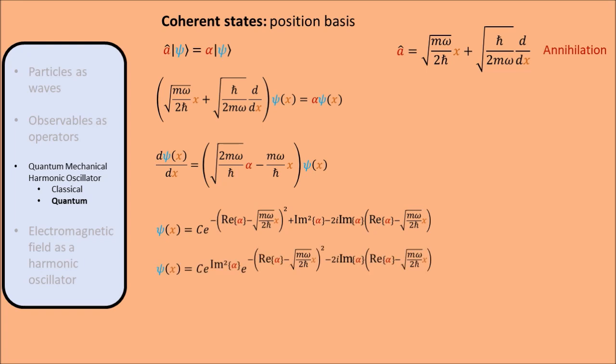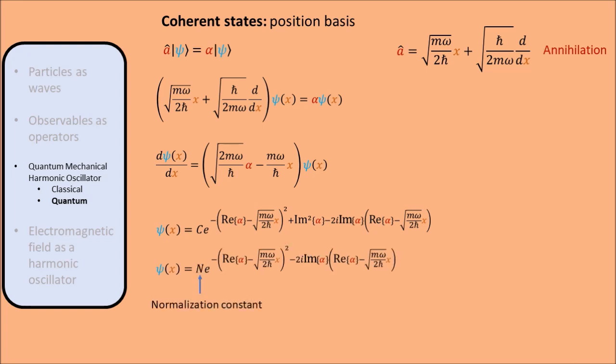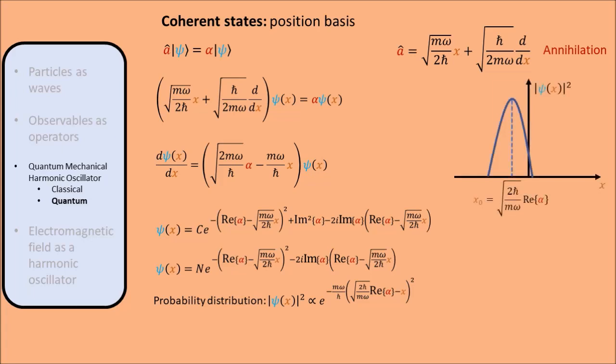We can pull out the constant term and absorb it into the integration constant, since anyway the wave function must be normalized. Moreover, if we're interested in the probability distribution of x, which is given by the squared modulus of psi, then the imaginary part of the exponent becomes irrelevant, and we find that the probability distribution of x is given by a Gaussian that is shifted by the real part of alpha.